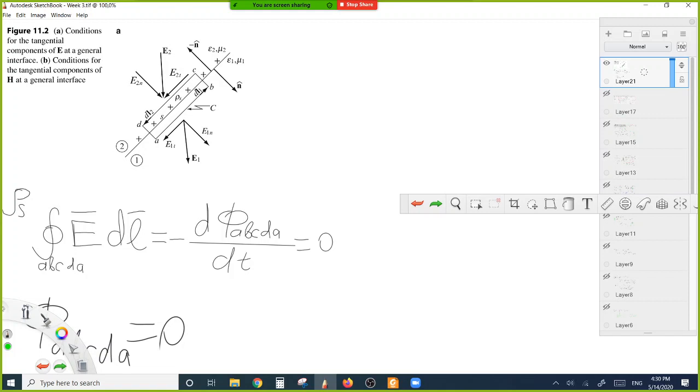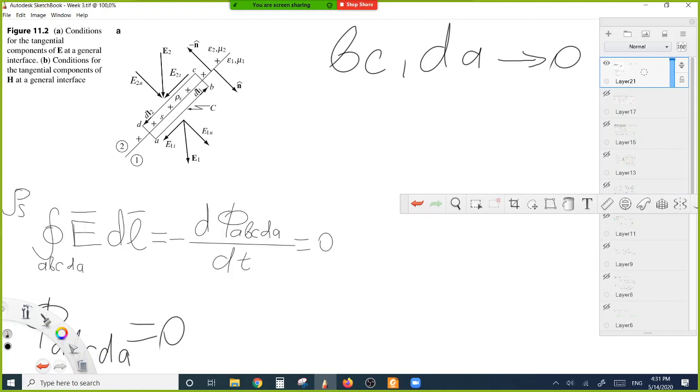So the distances BC and DA also tend to 0. We have said this already. The electric field in material 2 is in the direction of integration, the direction of dl.